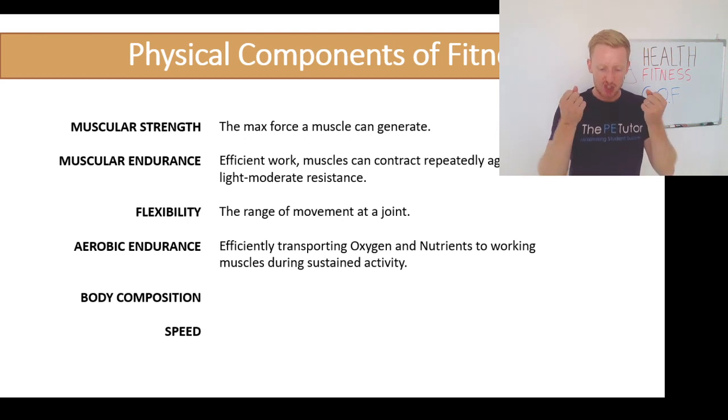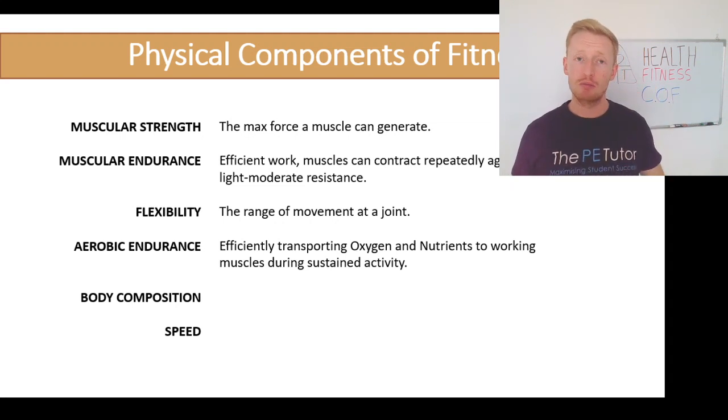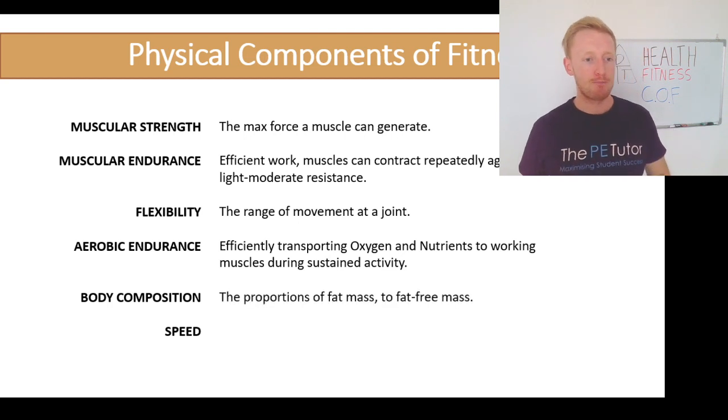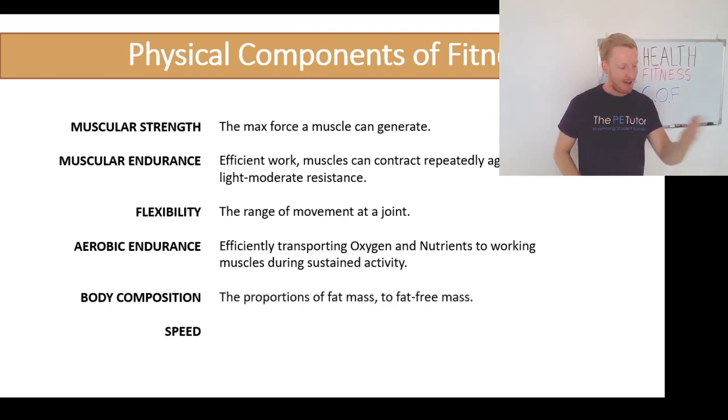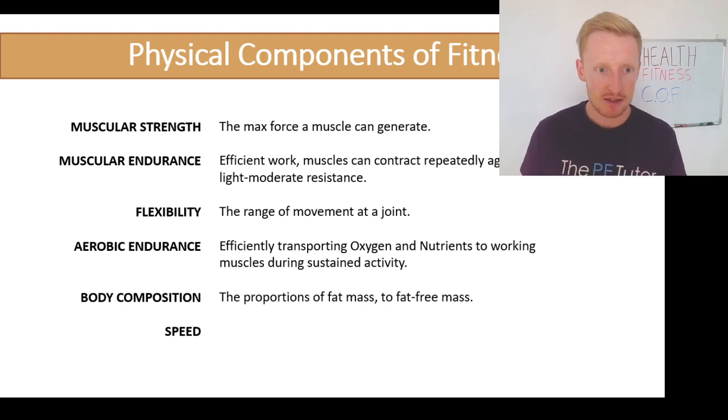Can we keep sufficient supply up? Can we keep matching demand? If so, we can carry on and we don't get fatigue-inducing byproducts. Body composition: fat, bone, muscle, or fat mass and fat-free mass. We're just looking at the ratios, the proportions, what makes up that person's mass.